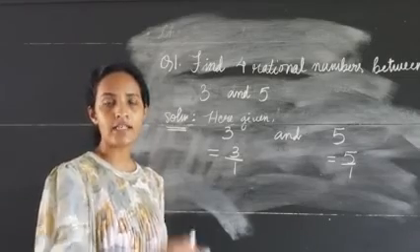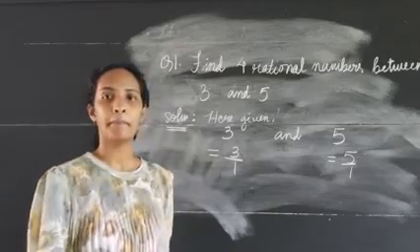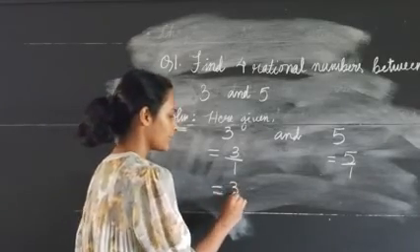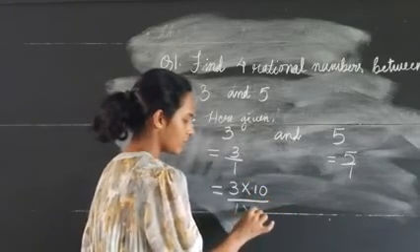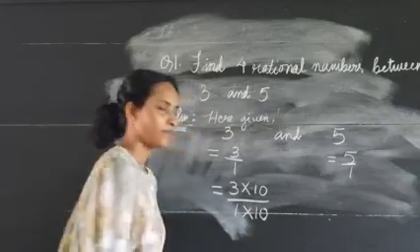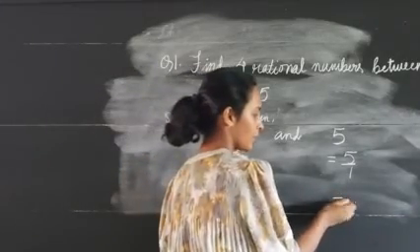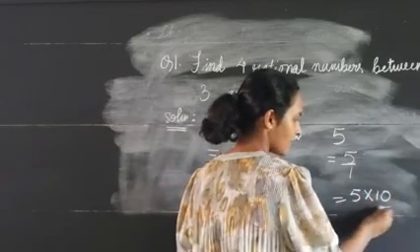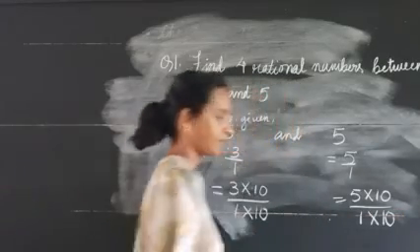The third step is to multiply the numerator and the denominator by 10. So we multiply the numerator by 10 and the denominator by 10, the same way for both numbers.